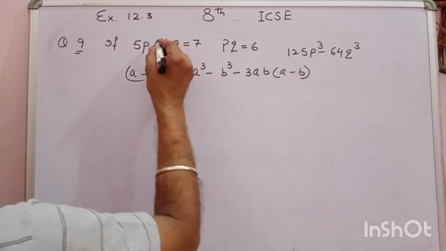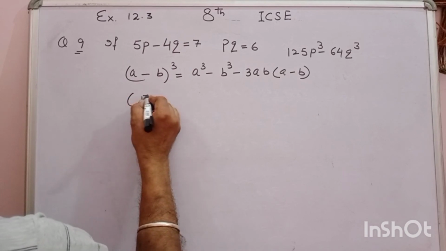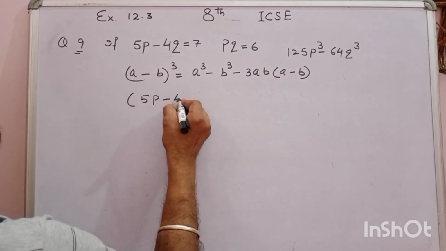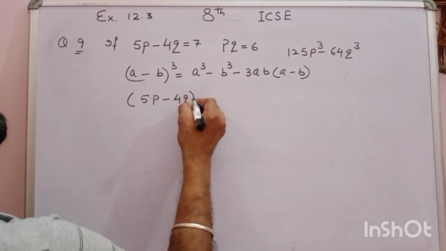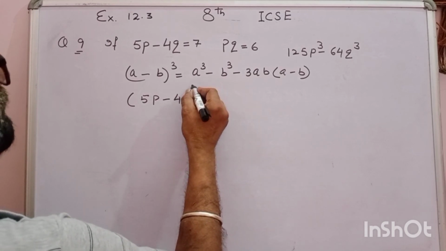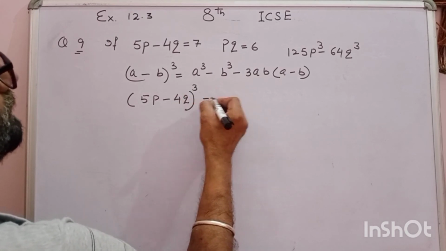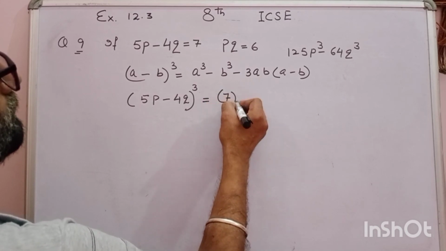Using this identity, we will take (5p − 4q) the whole cube is equal to 7 cubed.